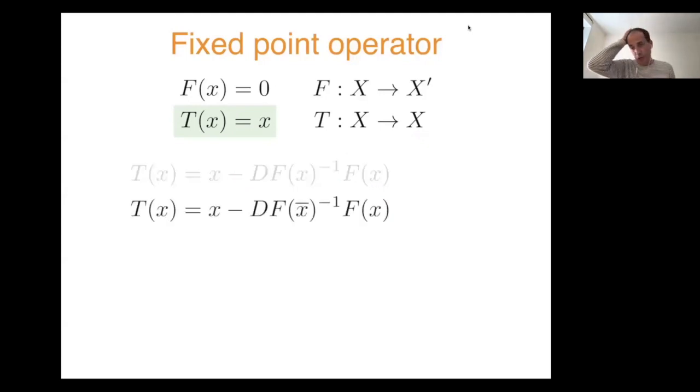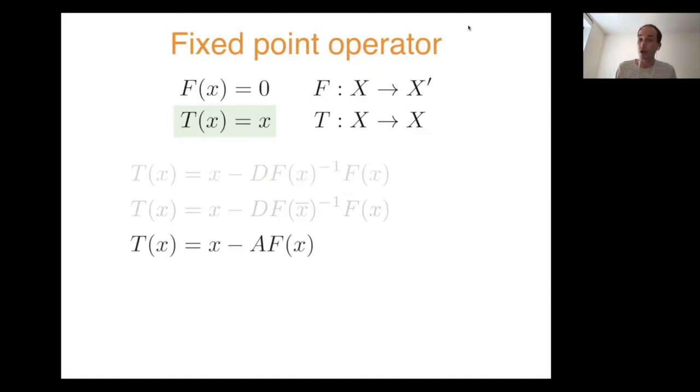So instead, and this is also what often happens numerically, you evaluate this Jacobian only in a single point and invert it. And then the obvious point to try to use there is the numerical approximation to the solution. Okay, so this operator you can take, but in practice, when you try to do the estimates, this is still a bit too difficult. So you take an approximation of this inverse of the Jacobian.